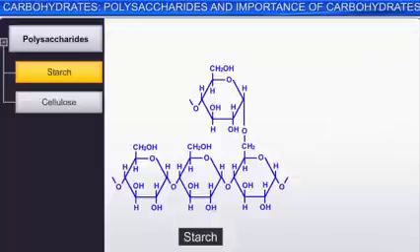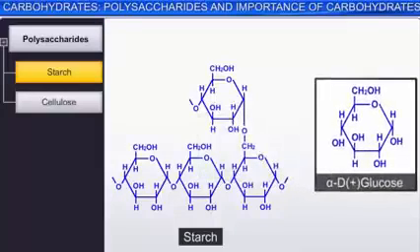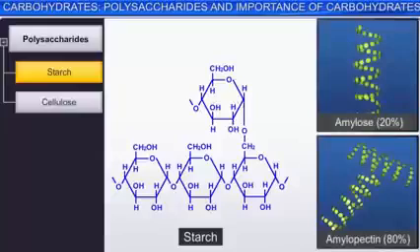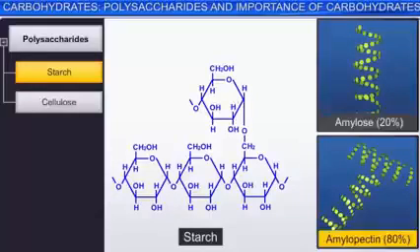Chemically, starch is a polymer of the alpha isomer of D-plus-glucose. It consists of two components: amylose, which makes up 20% of starch, and amylopectin, which makes up the remaining 80%.